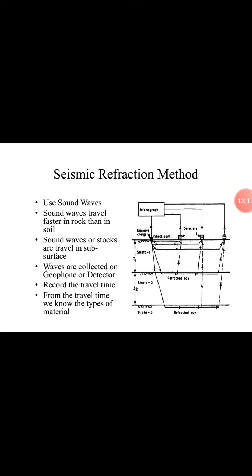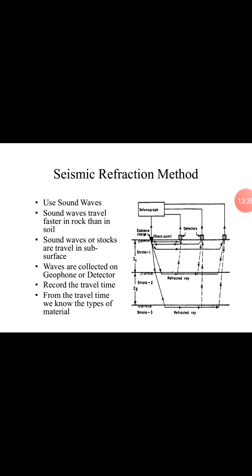In the seismic reflection method we use sound waves, and sound waves travel faster in rock than in soil. Means in soil, sound waves do not travel easily. The shock waves travel in the subsurface, and the waves are collected in a geophone or detector.